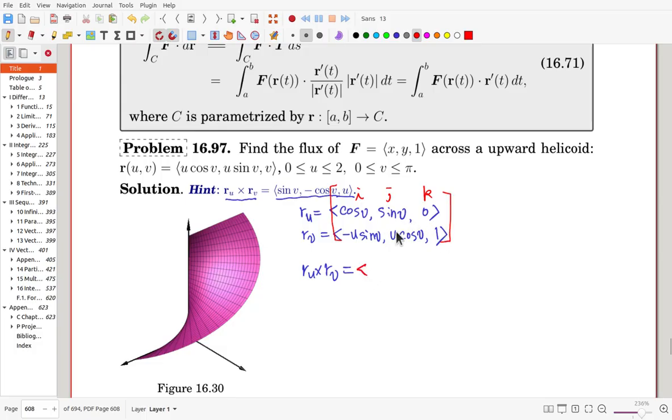So from here, for i, AD minus BC, there must be sine v. For j, this one minus that one, minus cosine v. And for k, AD minus BC, so u cosine squared v minus negative u sine squared v, so that there must be u.